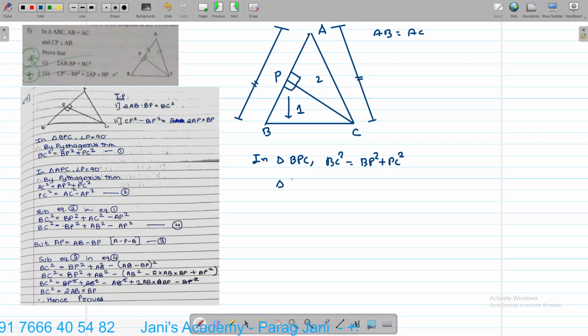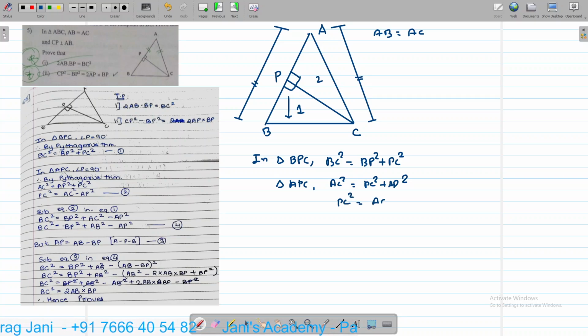In triangle APC, here your AC square is equal to PC square plus AP square. Okay, these two equations you got. Now what you can do is, take the value of PC square is equal to AC square minus AP square. Okay, this is the value of PC square.